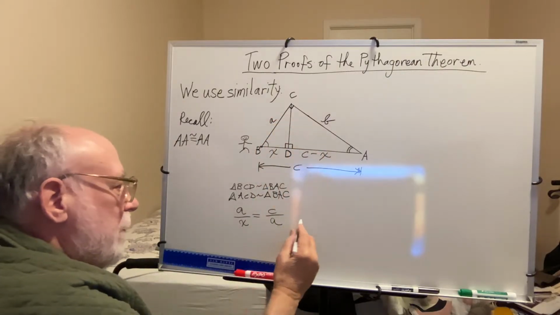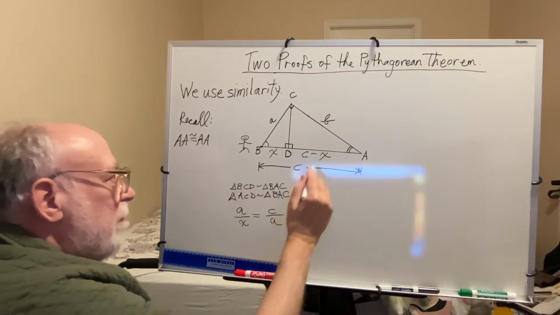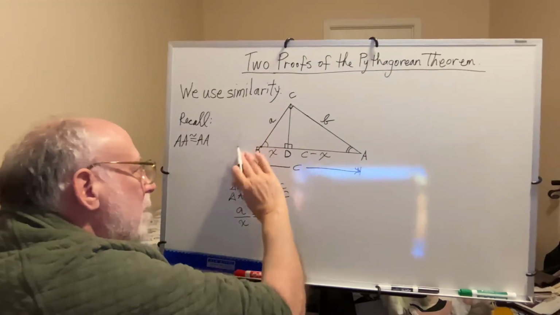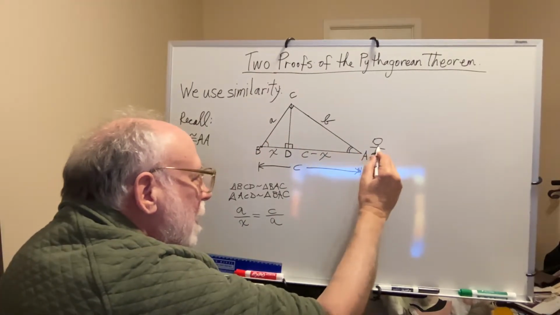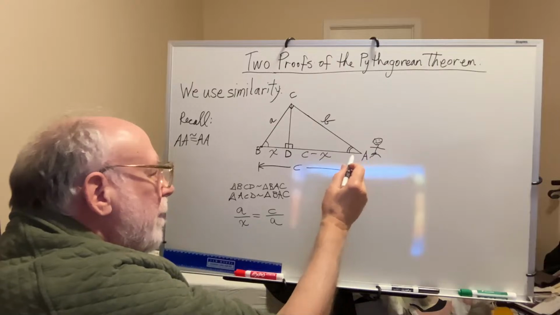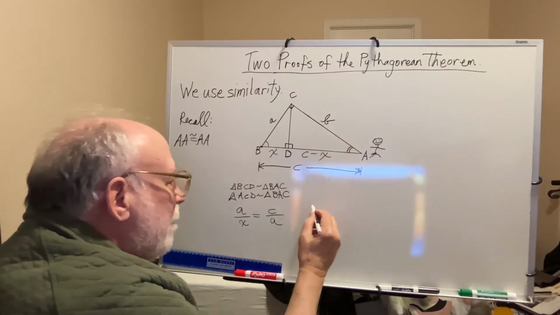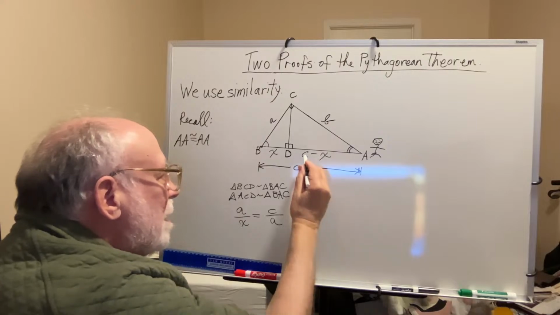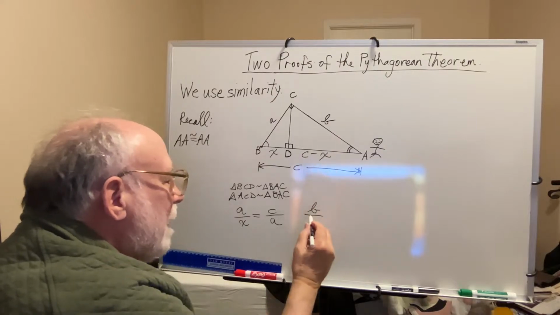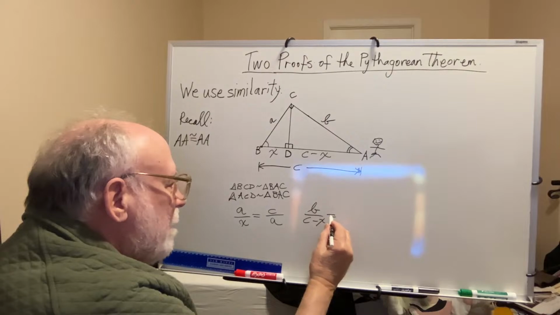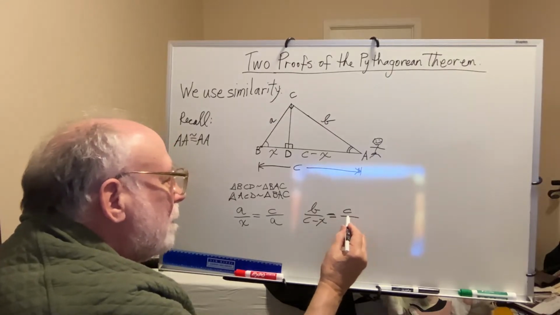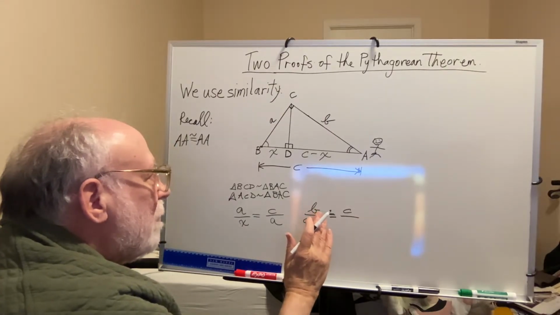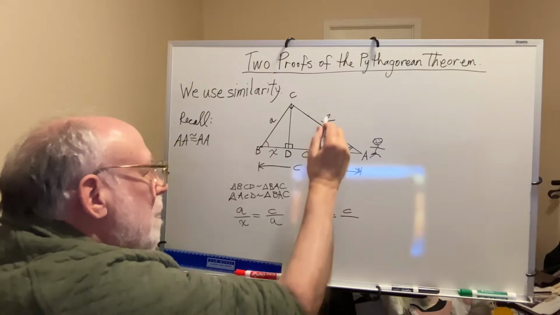Now, we can stand at A. If we stand at A, we have the hypotenuse of the triangle on the right is to its leg as the hypotenuse of the big triangle is to its leg.